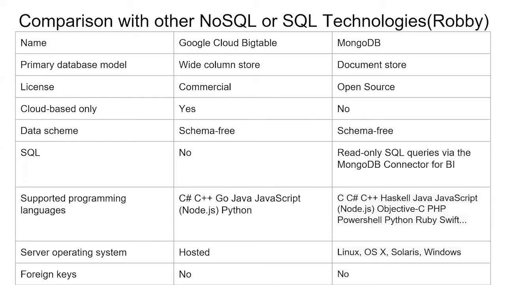Now let's compare Google Cloud Bigtable and MongoDB. The primary database model of Google Cloud Bigtable is wide column store. MongoDB stores data in the form of a document, so the primary database model of MongoDB is document store.